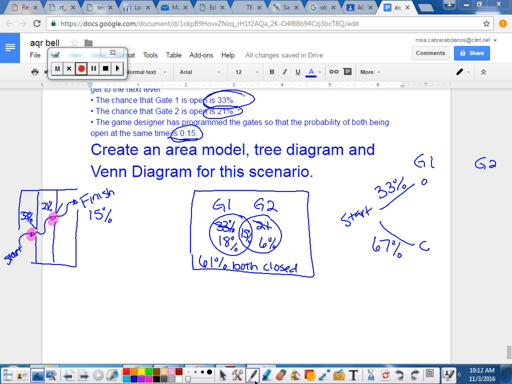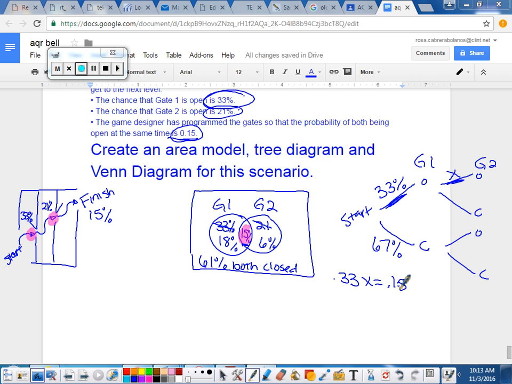Okay. Now finally, when I arrive at this part of the game, again, what are my two options? Open or closed. Now I know from my Venn diagram that the probability that both gates are open is 15%, right? So that means that when I multiply 0.33 times this number here, it needs to give me 0.15. So I'm going to call this x for now: 0.33 times x equals 0.15.